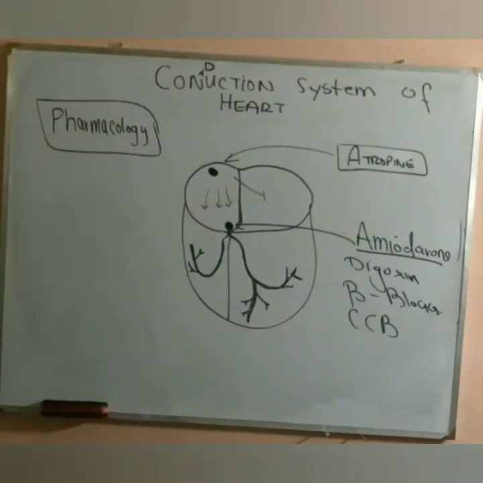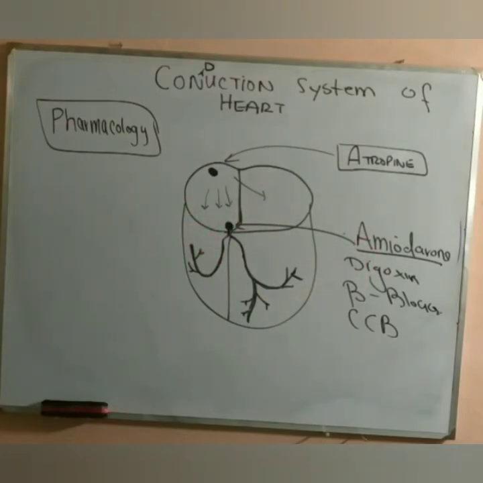So these are the types of drugs: digoxin, beta blockers, calcium channel blockers, and amiodarone, which actually block or negatively affect the AV node. They are AV nodal blocking drugs.